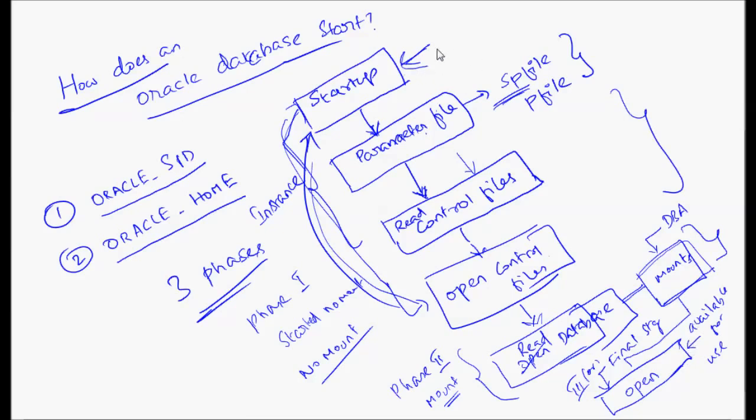Startup, parameter file is needed. It looks for the parameter file. From there it gets the information of the control files. From there it gets the information of the database files. At first it mounts and then it opens. So 3 phases.